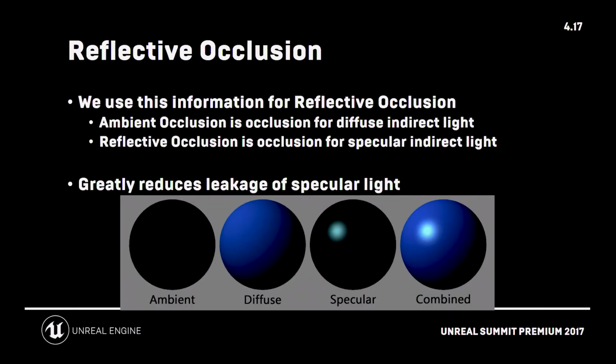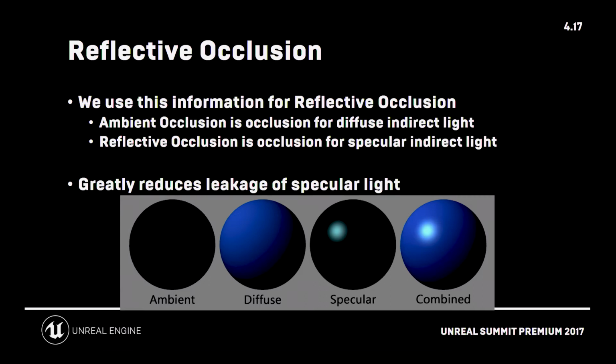And so we use this for ambient occlusion as well as reflective occlusion. The ambient occlusion is the occlusion for the diffuse indirect light, and the reflective occlusion is the occlusion for the specular indirect light. Specular in particular is quite important.